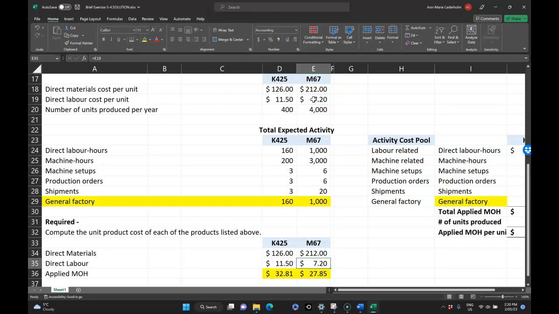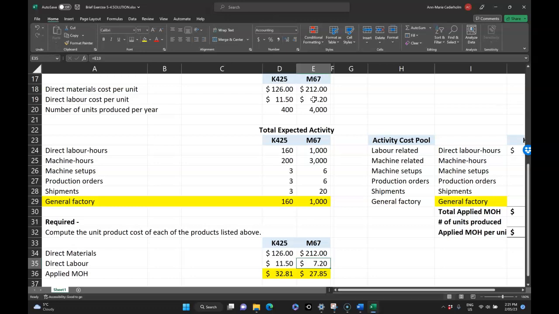So just remember, direct labor and direct material, those costs aren't hard to get because we know what we pay our employees and we know what we have to pay for our materials. The harder one to allocate is all of the indirect manufacturing overhead, which is the factory rent, the factory insurance, the salaries and wages of the supervisors of the factory, and so on.